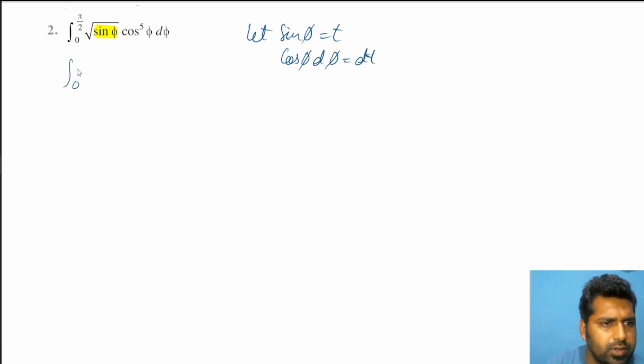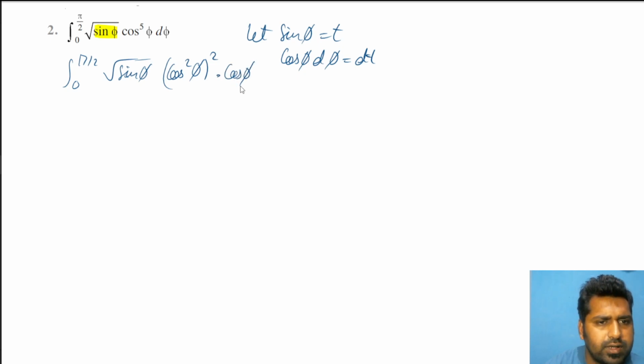Let's keep the limit the same. Let's write down the same question, root sine phi. Just break down cos power 5 as cos raised to power 4, which is cos square phi whole square, into cos phi d phi.